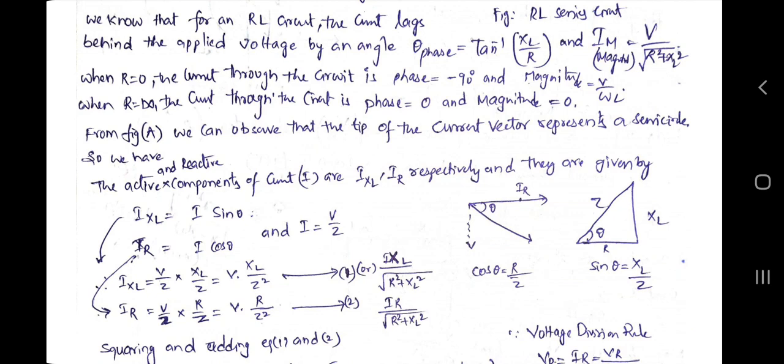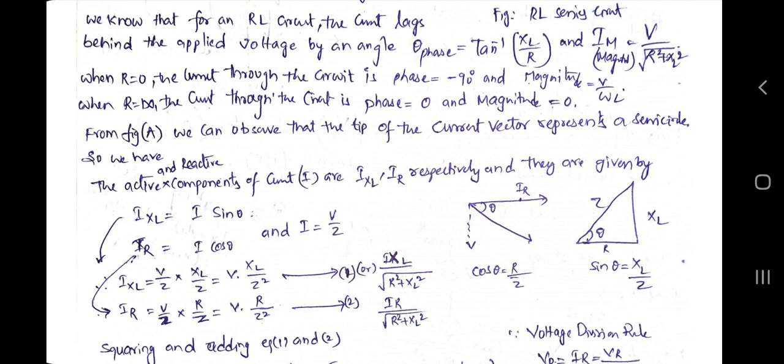Or otherwise IXL can be written with the square root of R square plus XL square, because that is the resultant. So IR is equal to V by Z into R by Z, so V into R by Z square.